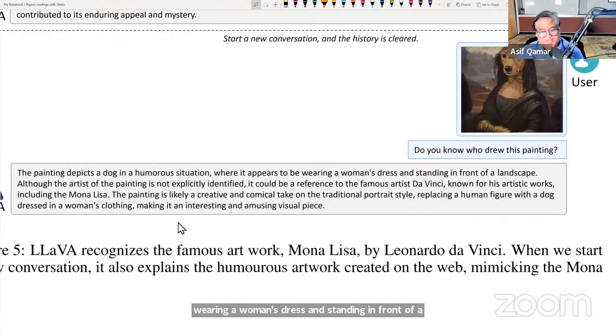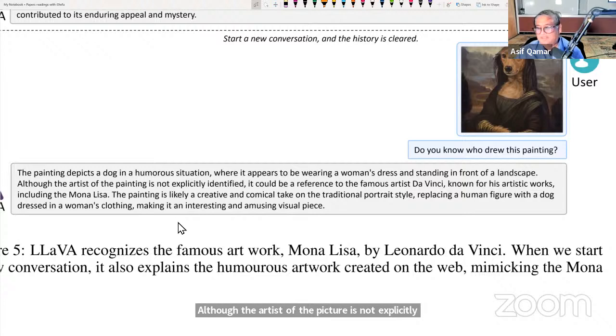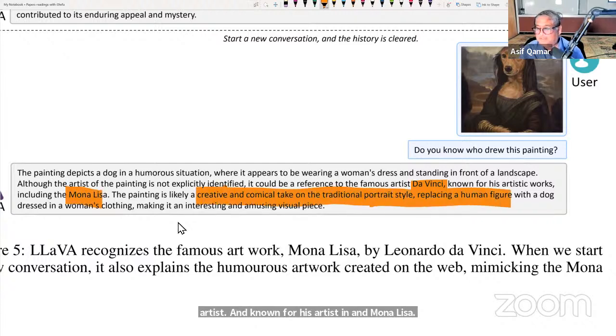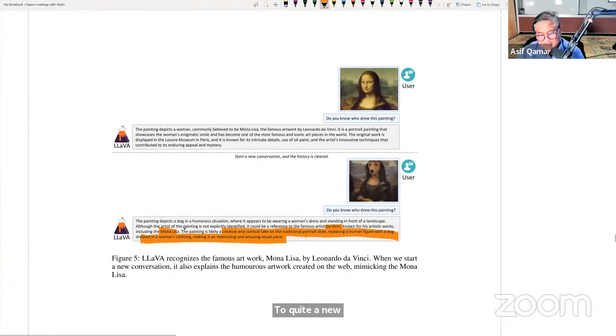Although the artist of the picture is not explicitly identified, it could be a reference to the famous artist Da Vinci, known for his art and the Mona Lisa. The painting is likely a creative and comical take on the traditional style. So do you realize that this takes visual language understanding to quite a new milestone when you look at that?